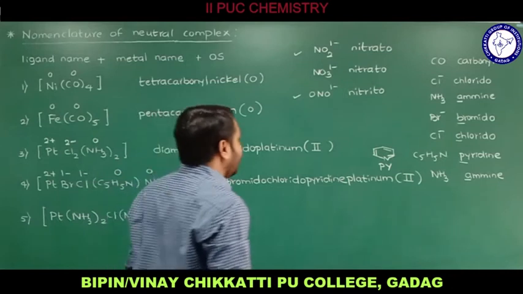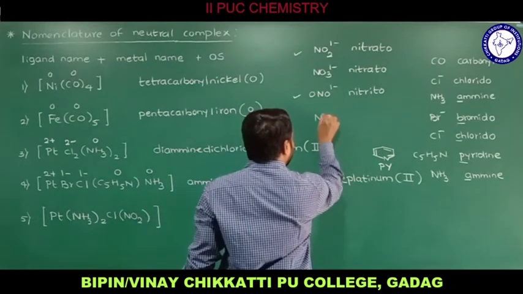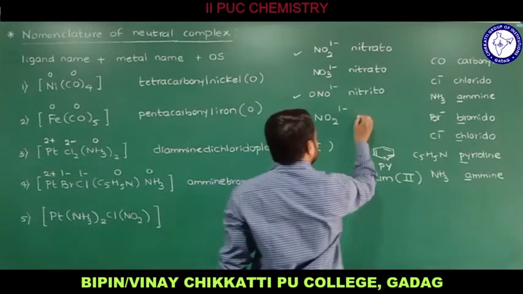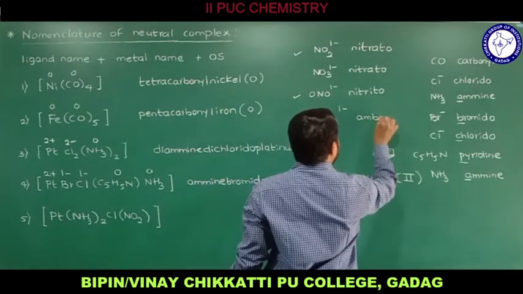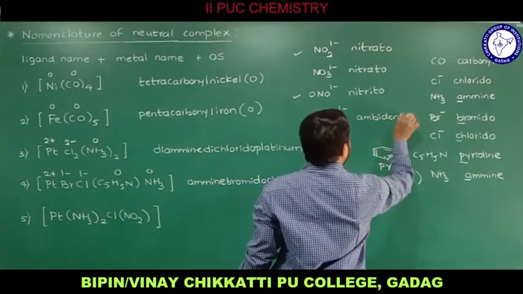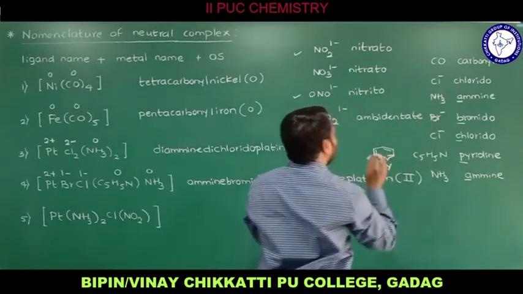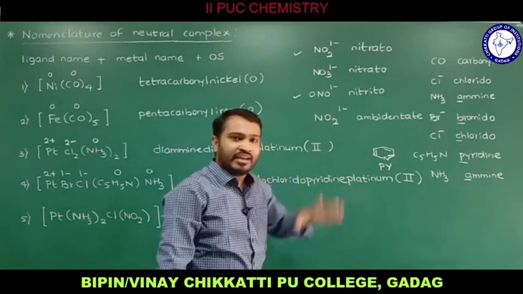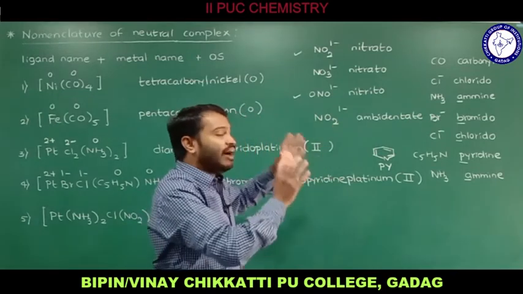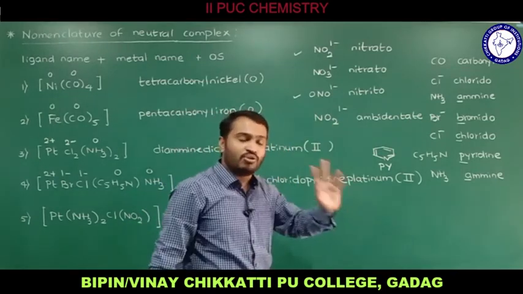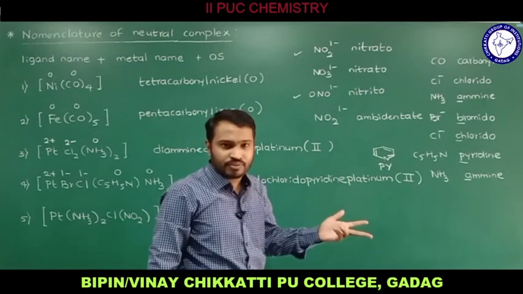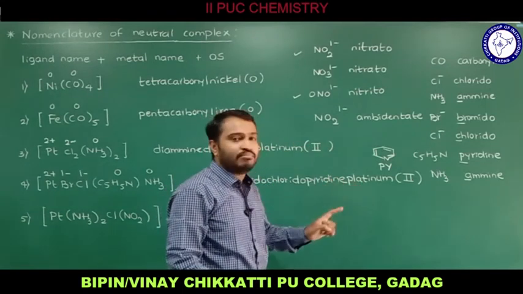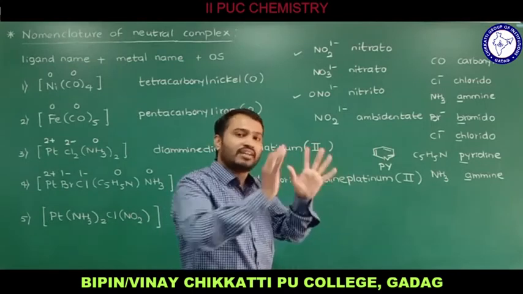So try to understand this NO2 1 minus. This is an example of an ambidentate ligand. I hope you know what the ambidentate ligand stands for. That is a kind of ligand in which we have more than 1 ligating atom, but when the complex is formed, only 1 ligating atom attaches to the central metal atom.